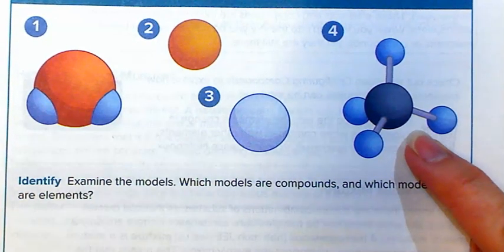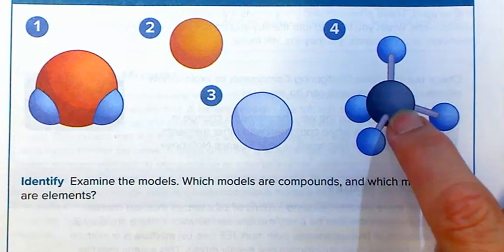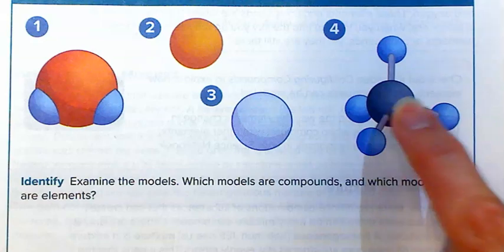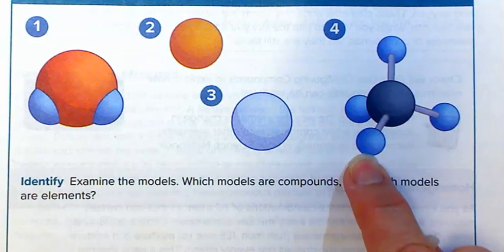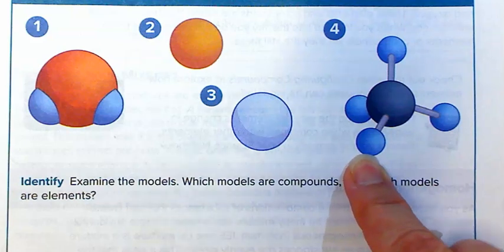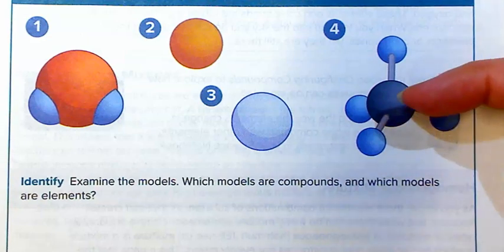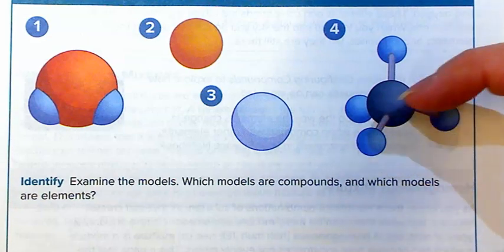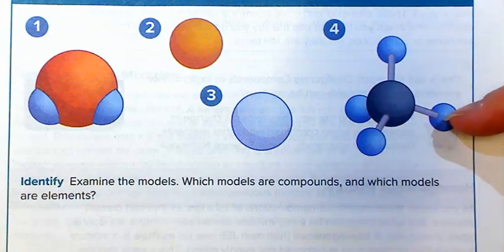Over here, this is a ball and stick model, again, of a compound. I've got an atom of one variety, this dark blue one, bonded to 4 of these other types of atoms. They gave an example somewhere maybe that this might be methane, which is CH4. But again, in this case, if it is methane, this would be 1 atom of carbon bonded to 4 atoms of hydrogen.